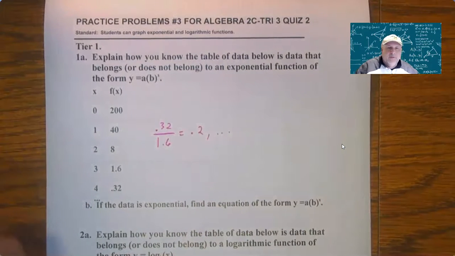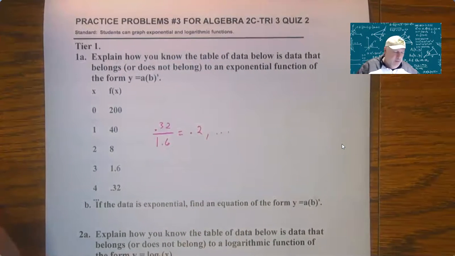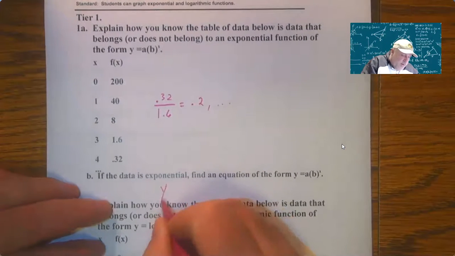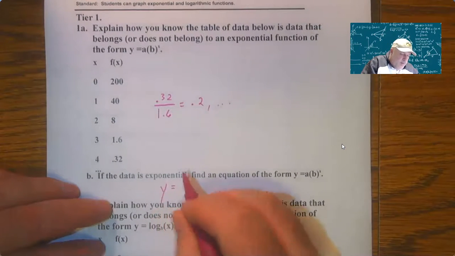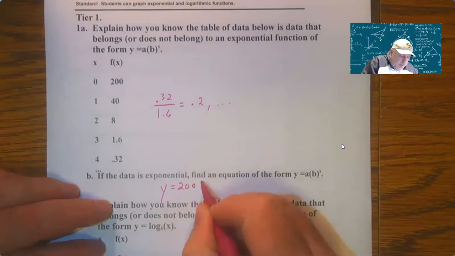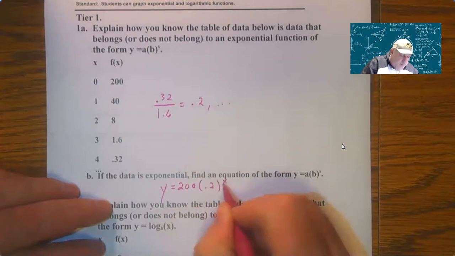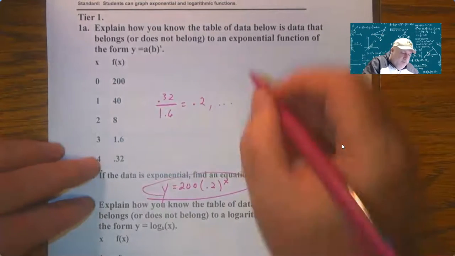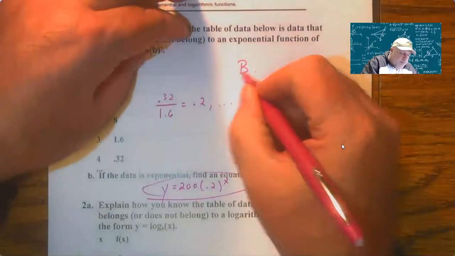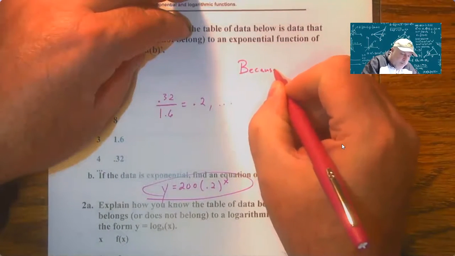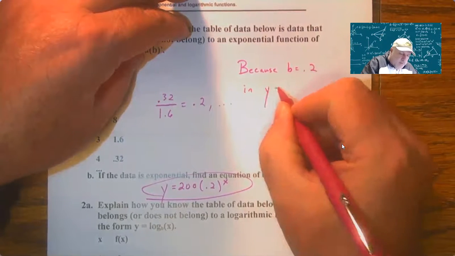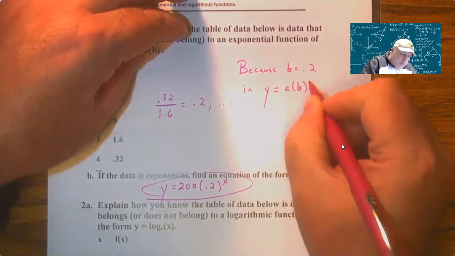That establishes that this belongs to an equation of a times b to the x. Your a is the 200, and the multiplier 0.2 is the b value. Because b equals 0.2 and y equals a times b to the x, you can establish that.